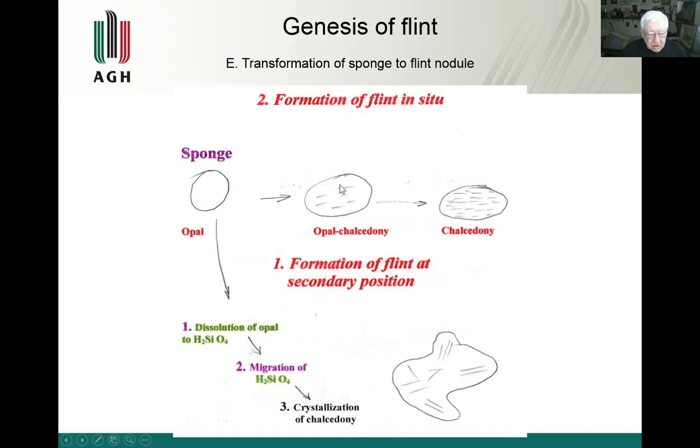Because of pressure, the newly formed chalcedony crystals are not growing in various directions, up there and there and there, but grow in the direction parallel to the structures of the sediment, where the stress is smaller than vertically.